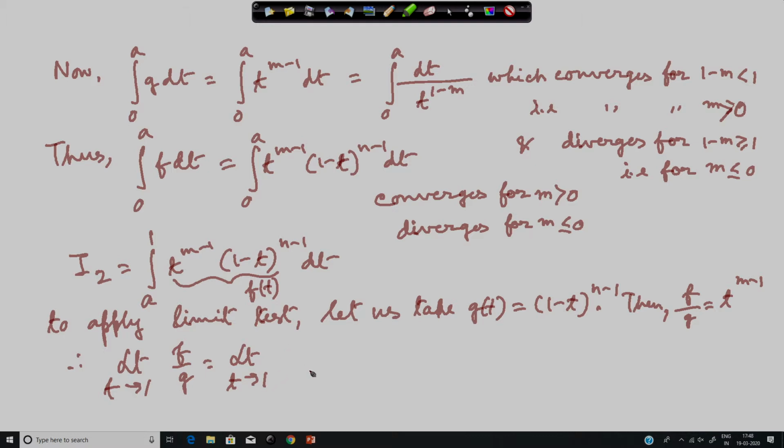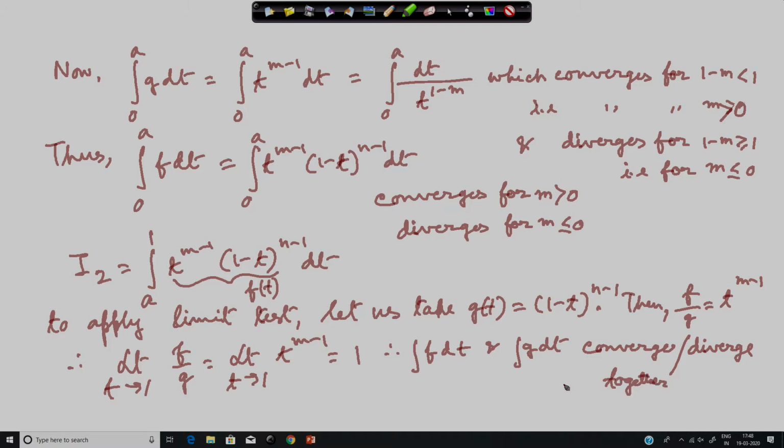It is a type 4 improper integral. The limit of t to the power m minus 1 is equal to 1. So again the limit is non-zero and finite. Therefore, if integral g dt converges, then integral f dt converges; if integral g dt diverges, then integral f dt diverges. Therefore, integral f dt and integral g dt converge or diverge together.